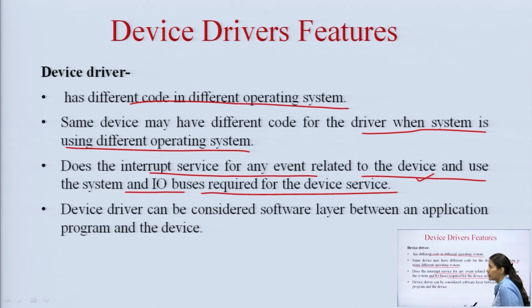That particular device can also interrupt another device for the accomplishment of the task. In that case, nested interrupts can also arise, and the system and the input output buses are efficiently utilized for the device service.